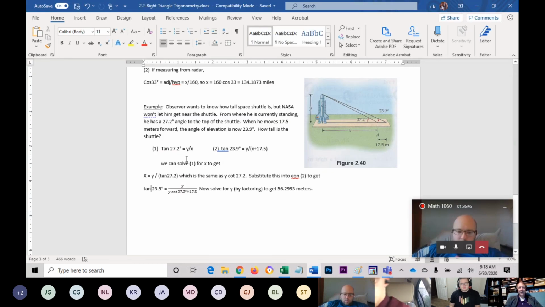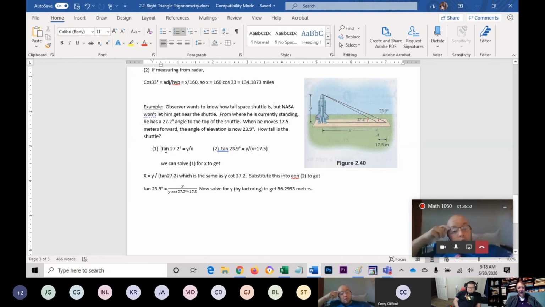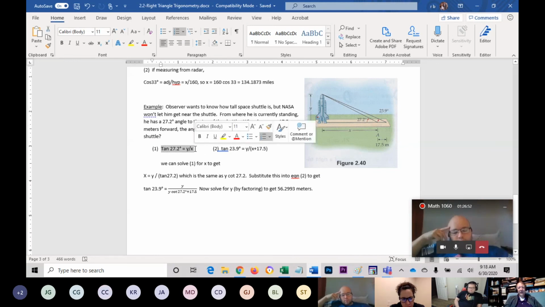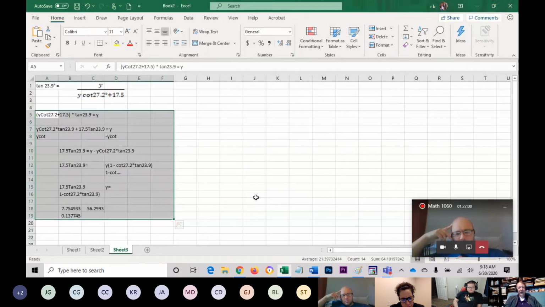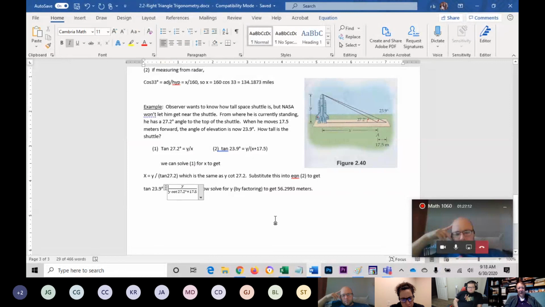So, summarizing once again, we find the tangent of 27.2, we find the tangent of 23.9, we solve for one equation, either for x or y, and it doesn't really matter which one you do, theoretically. If you can do all of this and do all of the algebra, which I left out of my notes but wanted to go over in class, you should get that the space shuttle is only 56 meters tall.